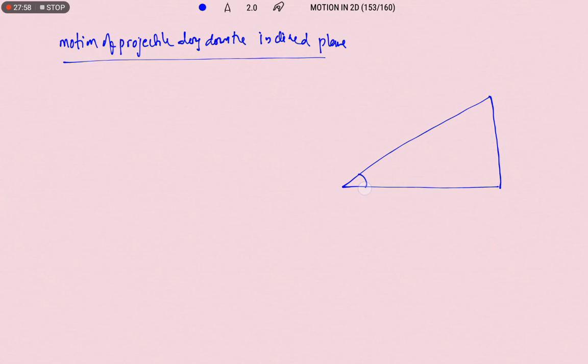Okay, the angle of inclination is alpha, and now it is projected down the inclined plane. So now I am assigning the coordinate system like this, x, y. If it is projected making some angle theta, it will reach the bottom of the inclined plane like this.